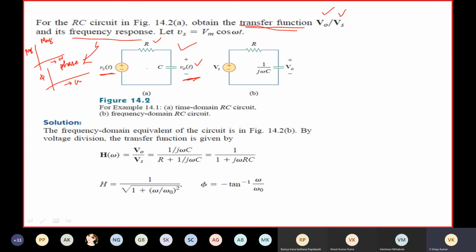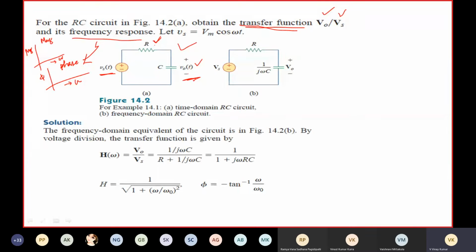Let me convert this time domain RC circuit into the frequency domain RC circuit. R remains the same, R is independent of frequency. No frequency terms are present in resistance. So R remains the same.